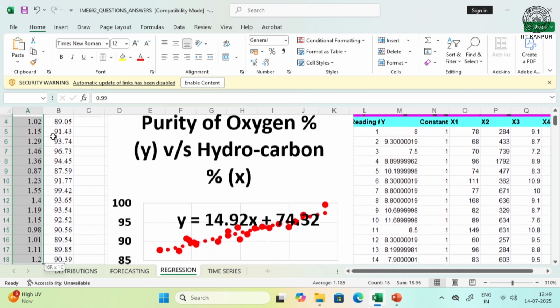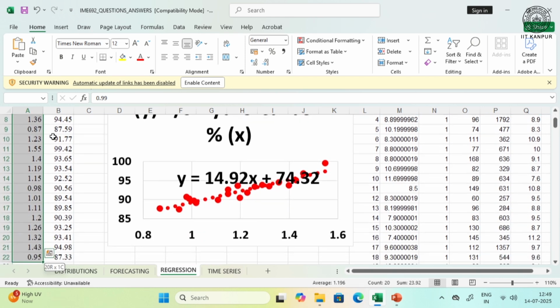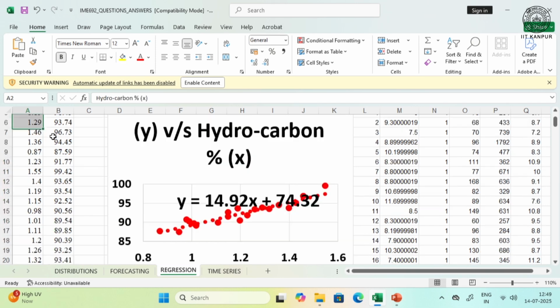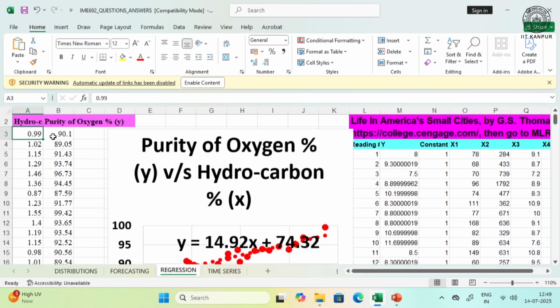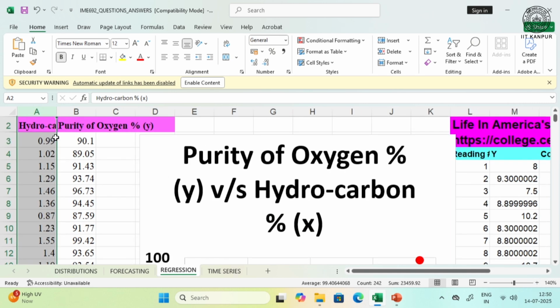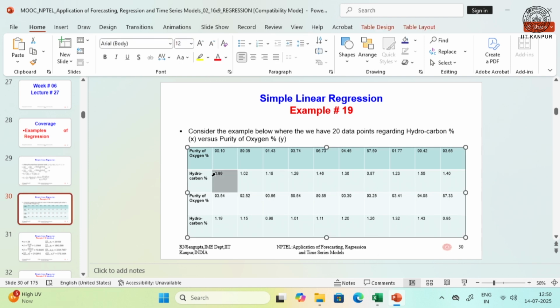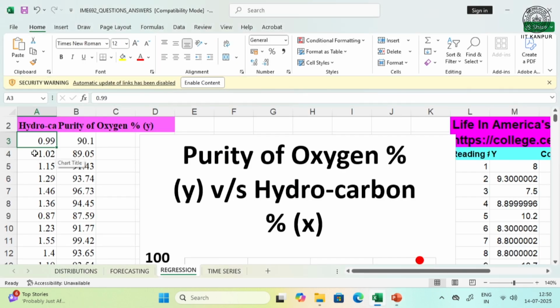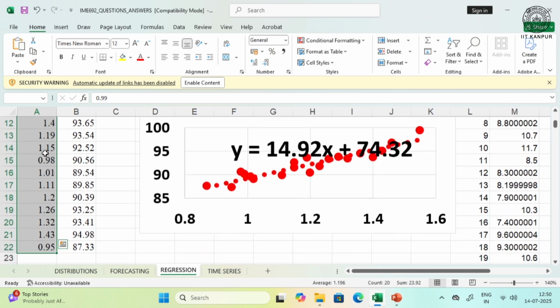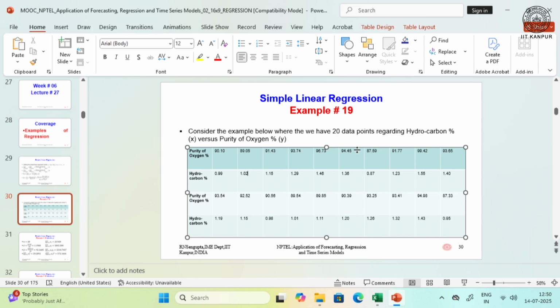Now, this is the simple linear regression of hydrocarbon versus purity of oxygen, and the values of x which we have plotted along this axis are denoted along column A. I will zoom in a little bit more. The values start from 0.99, then 1.02, and the number of data points, if you can recollect, was 20, as given here.